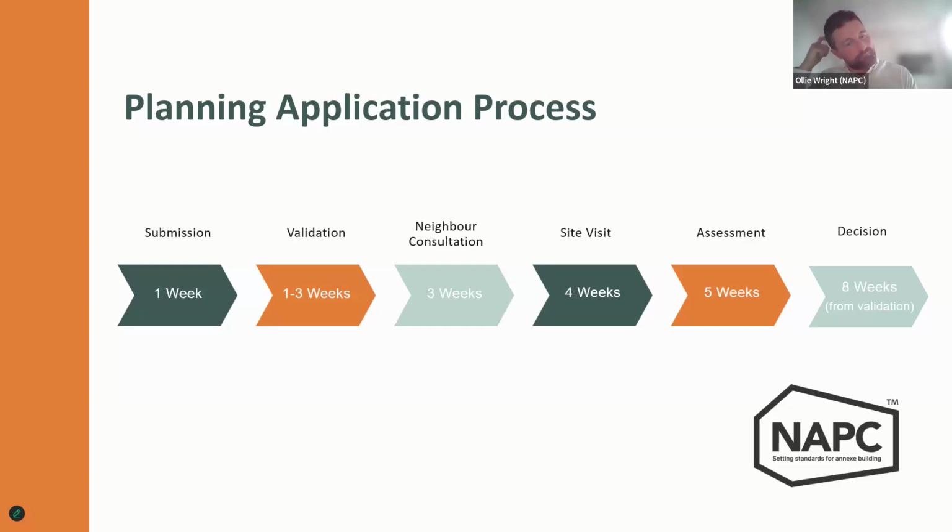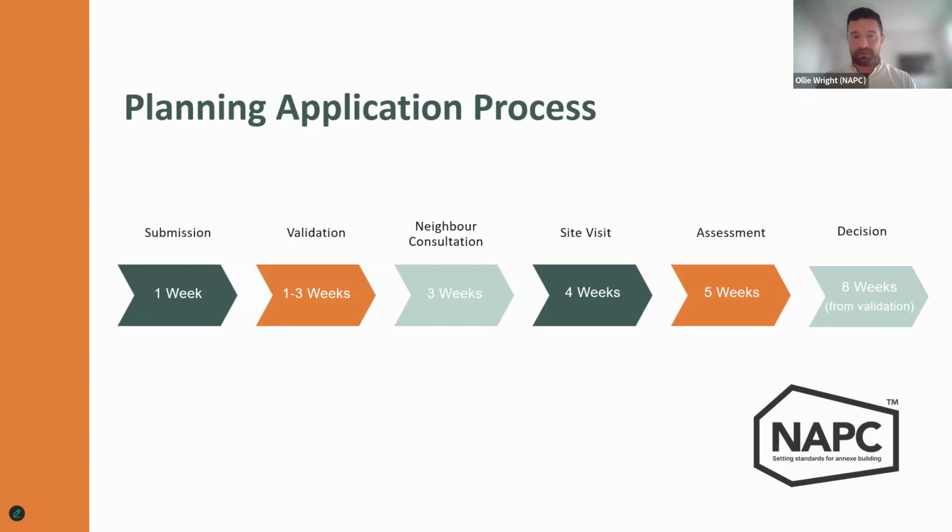So week one, we would submit it. Weeks 1 to 3, the council reviews the documents you've submitted to make sure they have enough information to make a decision. That's the validation of the application. They need certain criteria to be met in order to make their decision. In week 3, letters go out to your neighbours for the householder application and to other third-party consultees.